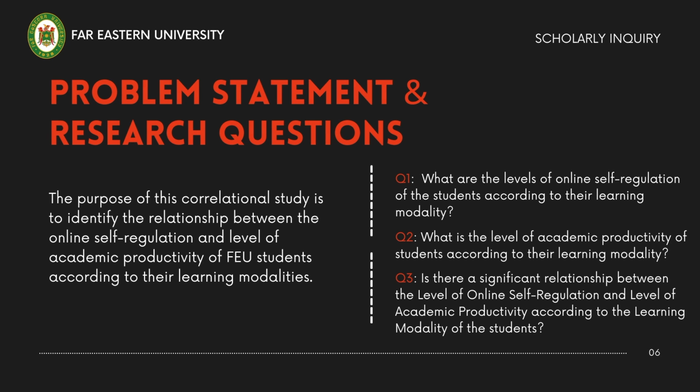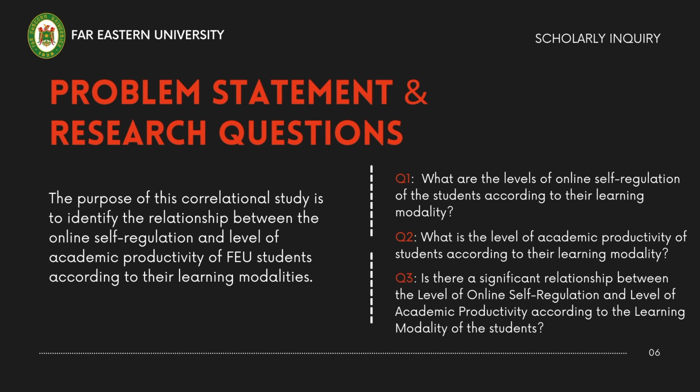This correlational study aims to identify the relationship between online self-regulation and the level of academic productivity of Far Eastern University students according to their learning modalities, to reveal how these variables relate to one another with the different online learning environments adapted. Specifically, the study aims to answer the following.